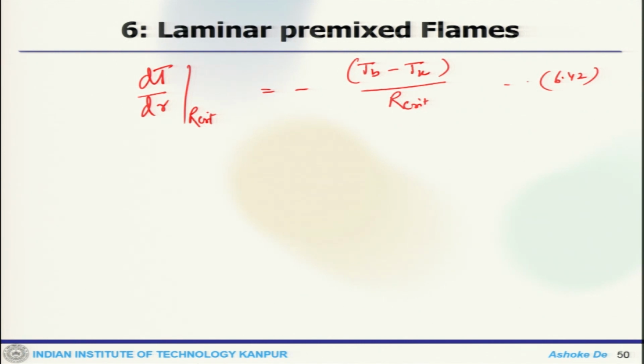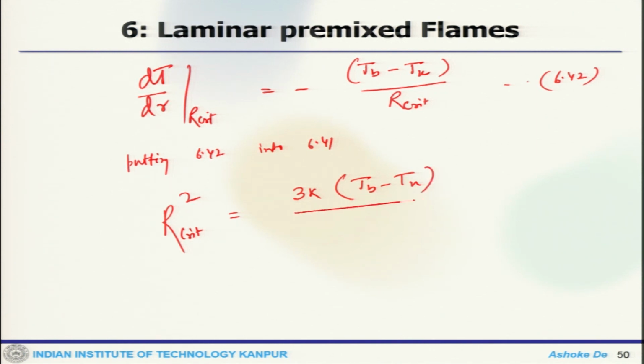Now, we substitute 6.42 in 6.41, we get R critical squared equals 3 k (Tb minus Tu) by this delta Hc.